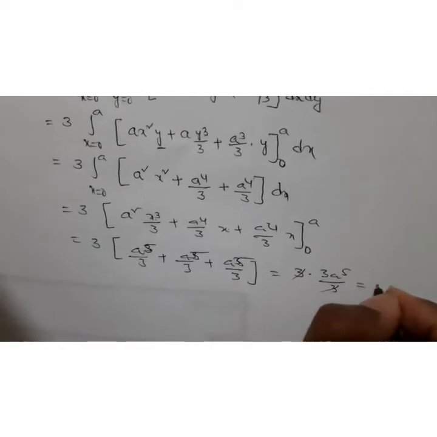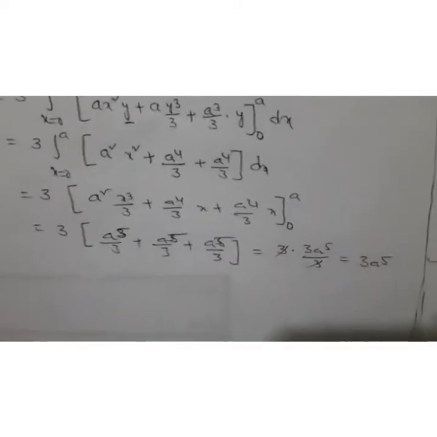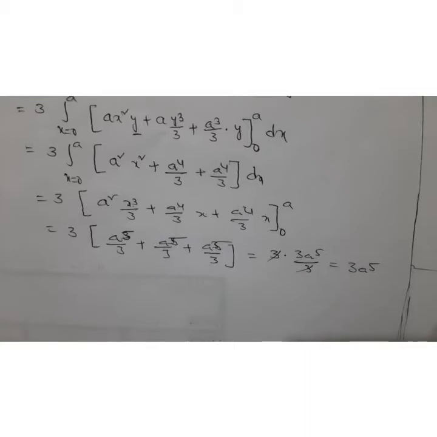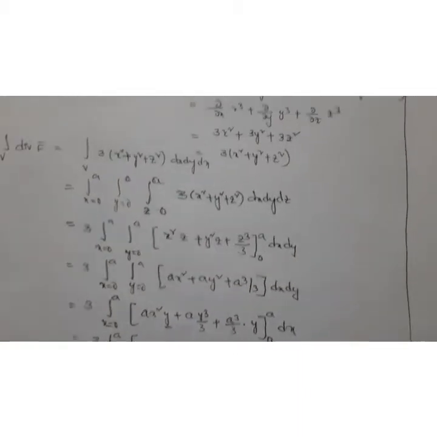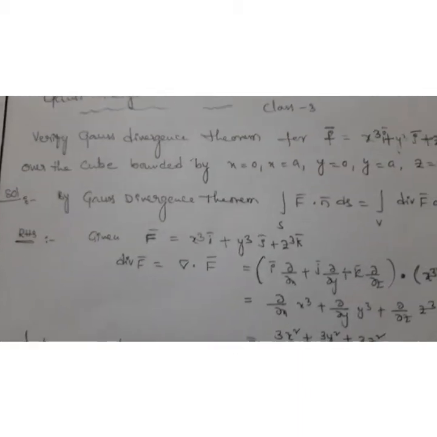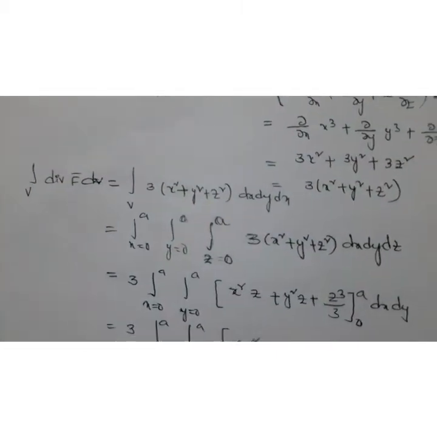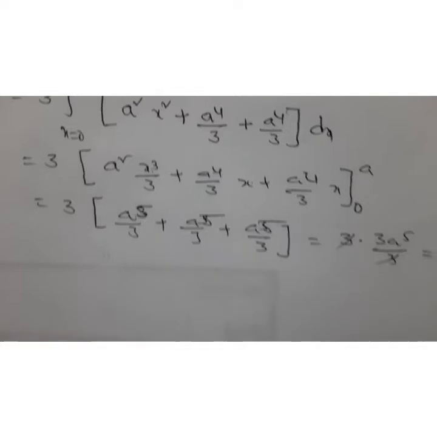The 3 cancels, so it is equal to 3a power 5. This is the RHS value: integral over V of divergence of F bar into dV is equal to 3a power 5.